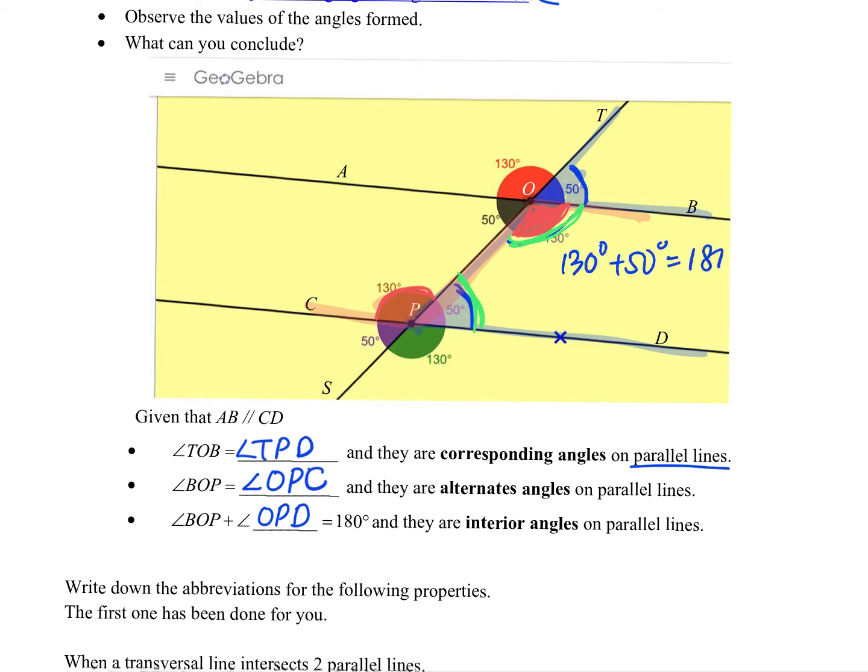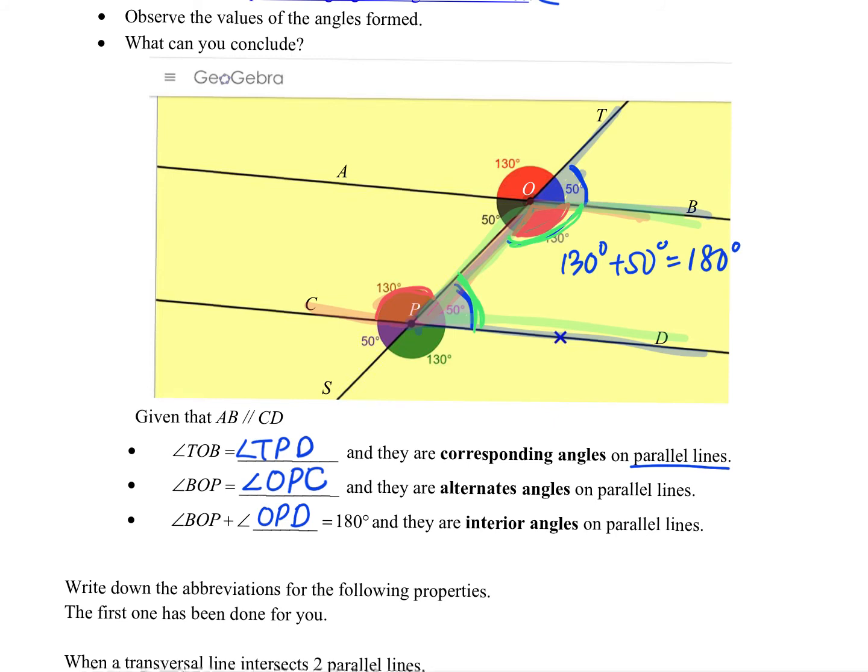These two angles add up to a sum of 180. So these are the properties. This is because they are interior angles on parallel lines. When two interior angles form a shape like a letter C, or a C being rotated, these two angles on parallel lines will always add up to be 180 degrees.